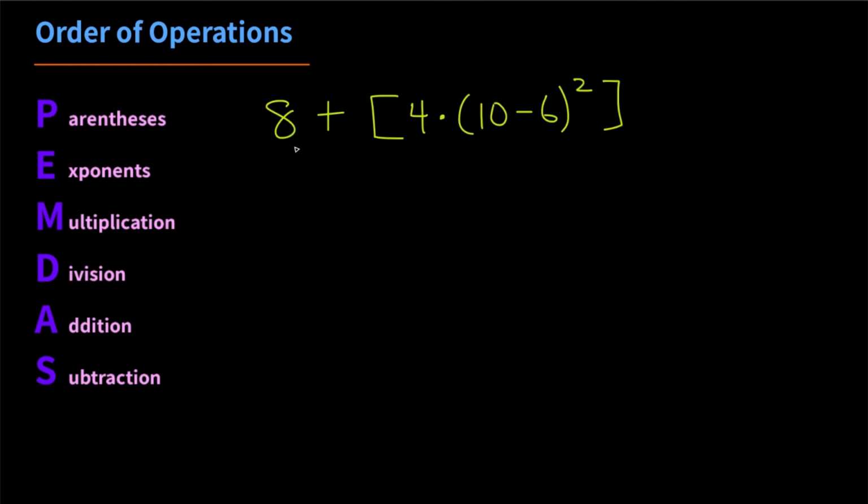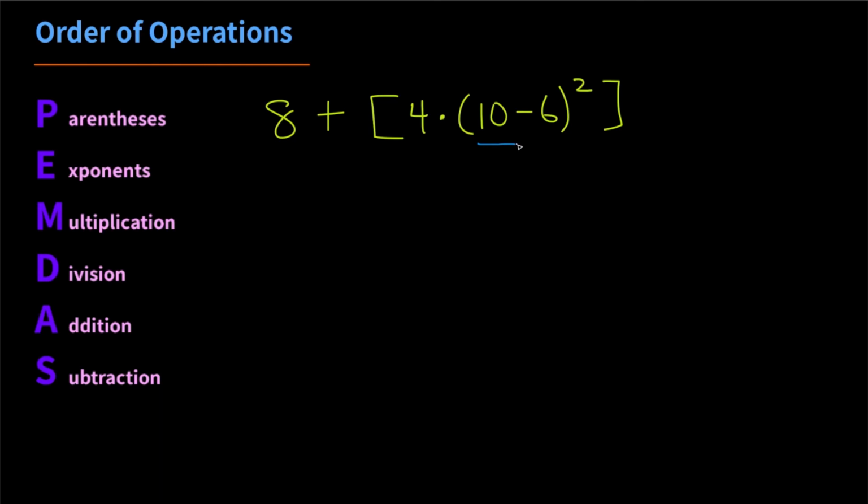In this example, we have 8 plus 4 times the quantity 10 minus 6, quantity squared. And we notice we have multiple sets of grouping symbols. If we remember, when using the order of operations in the parentheses or grouping symbols stage, we're going to simplify the grouping symbol all the way on the inside.